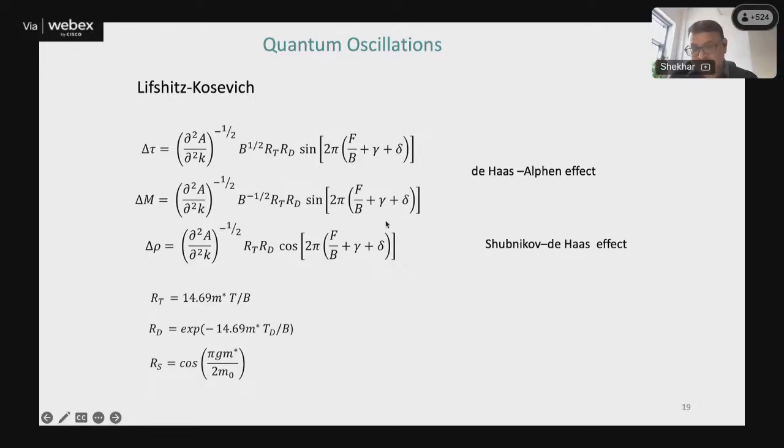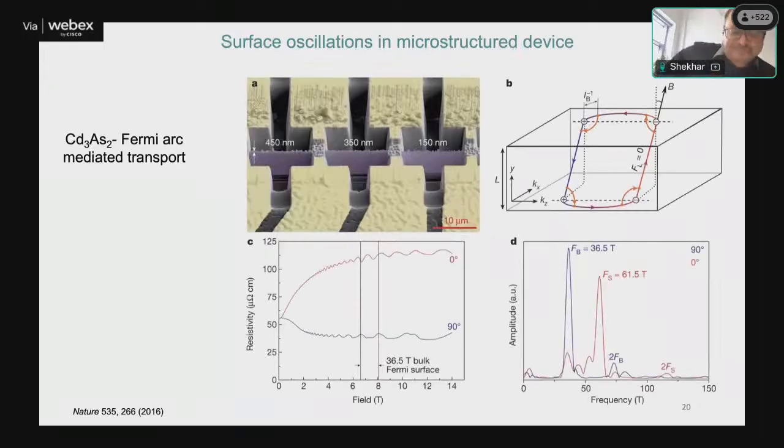Also, in addition to these physical quantities, we can map the Fermi surface. We can calculate the radius of the Fermi surface, and when we rotate the magnetic field, we can map the radius in all three directions of the Fermi surface. So really, we can map the Fermi surface by analyzing this.